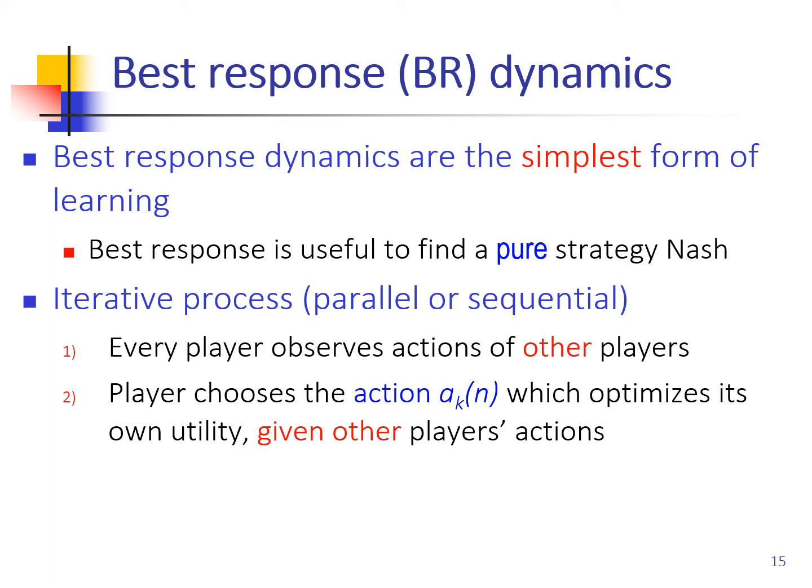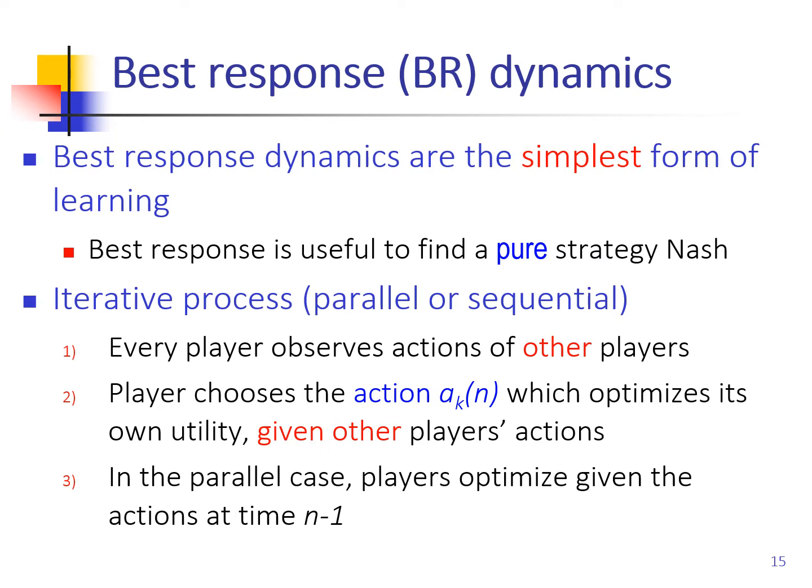Subsequently, the player chooses the action a_k^n, which optimizes its own utility given the observed actions of the other players. Contrast that with the parallel case, where all the players optimize given the actions at time n minus 1. This is not very important to remember. What's important is that the player is observing the actions of all the other players, which is not practical, but for the sake of explanation it is important because it will bring us to the other, more complicated case.